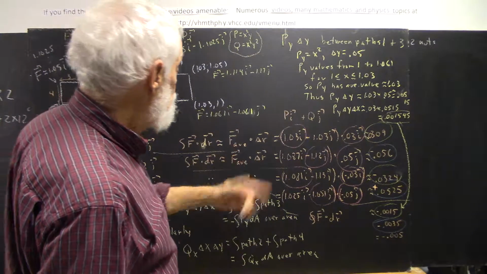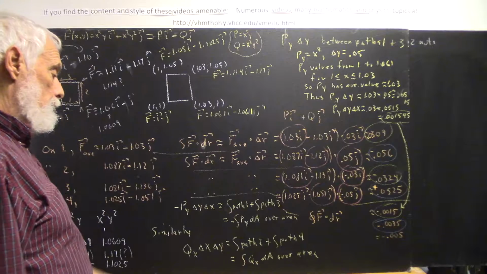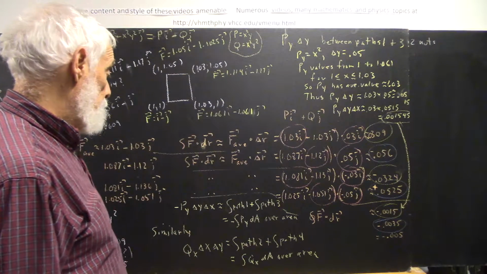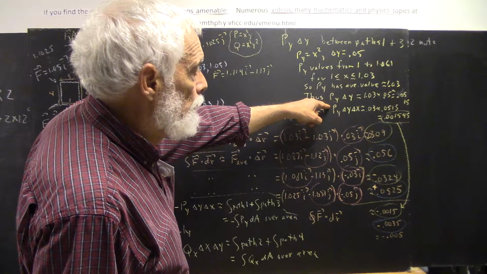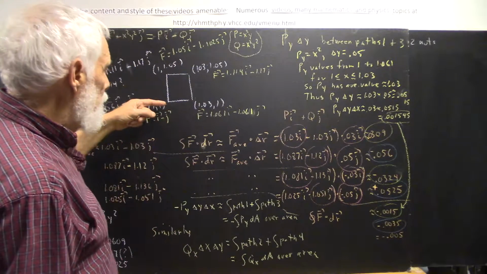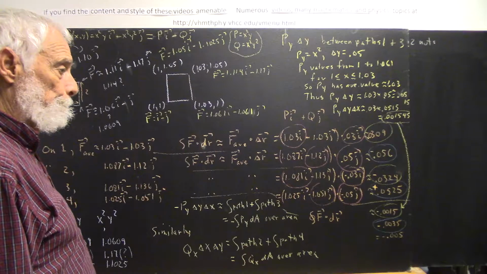Okay, we do the same thing in the y direction, and we're going to get qx delta x delta y. Now the change here is going to be negative because we're subtracting this one from this one.